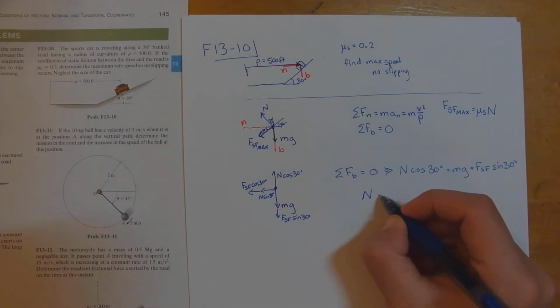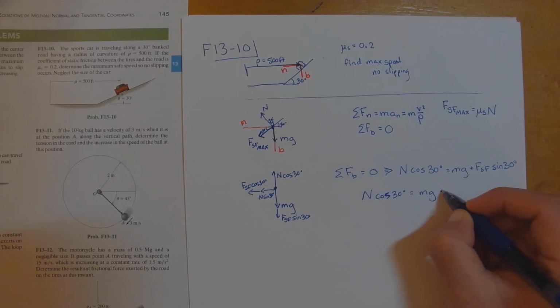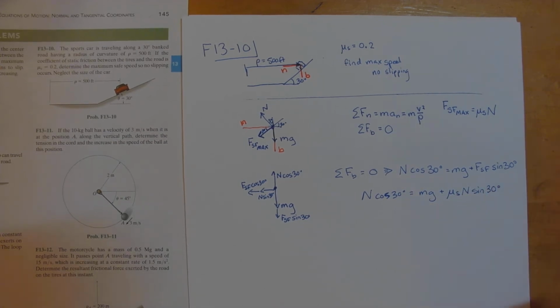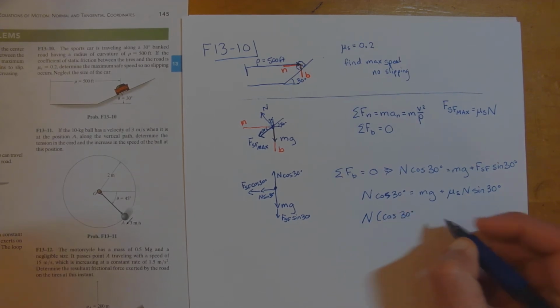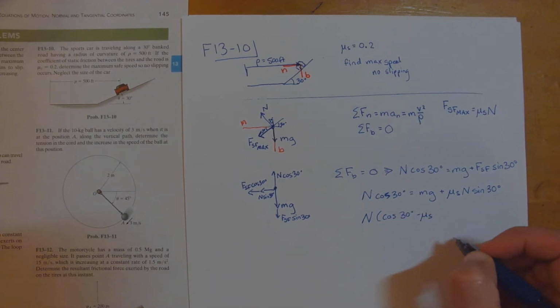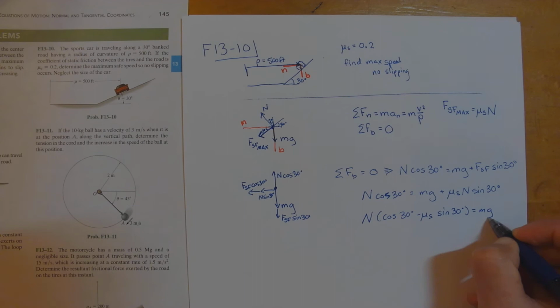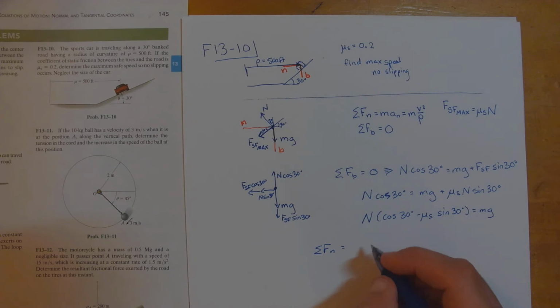So I can say n cosine 30 degrees is equal to mg plus coefficient of static friction times n times sine of 30 degrees. And let's bring this term over to the other side and pull out an n. So we have n times (cosine 30 degrees minus coefficient of static friction times sine of 30 degrees), and that is equal to mg.